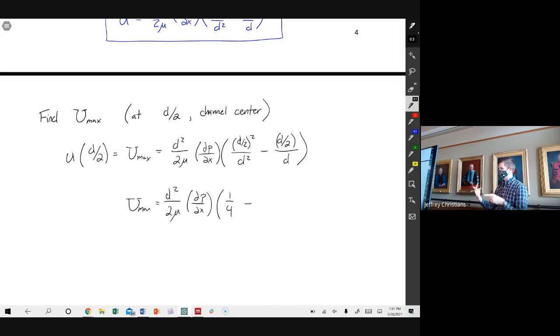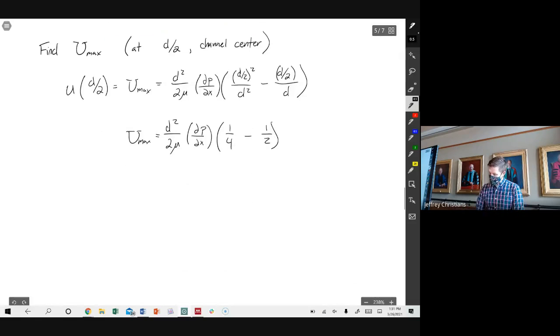So the d's will cancel each other out, and we're left with just 1/2. 1/4 minus 1/2 is -1/4. So this is d squared over, now instead of a 2, it's over 8 mu, minus dp dx.